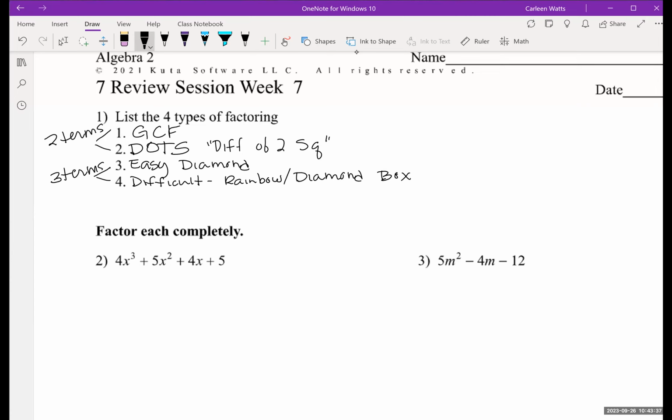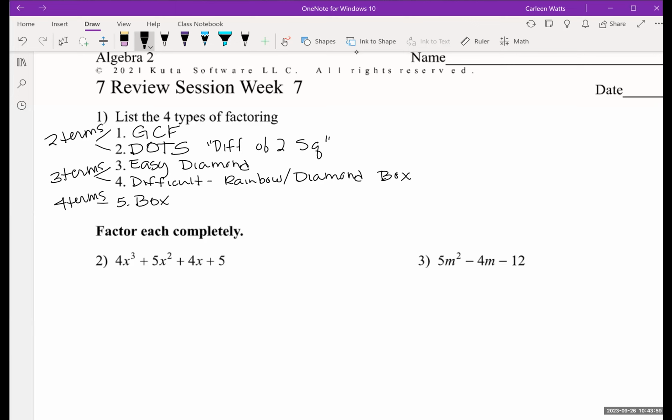Okay, now if it has 4 terms, we go straight to the box, which is perfect. It has 4 terms. My box has 4 spots. Perfect fit, match made in heaven.